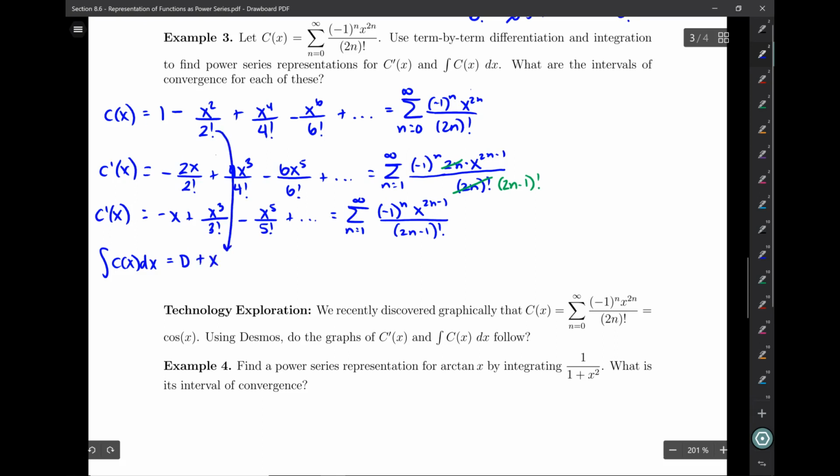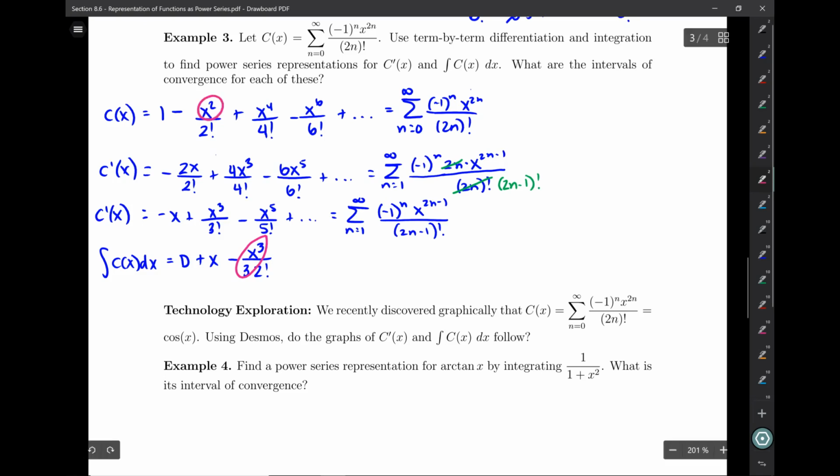The integral of x squared over 2 factorial would be, so I'm bringing my minus sign down here, add 1 to the exponent, so it would be x cubed divided by 3 times 2 factorial, right? The 2 factorial is just a constant, so it's just coming along for the ride.